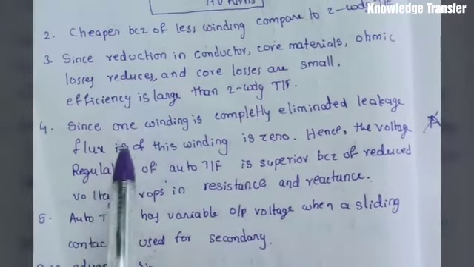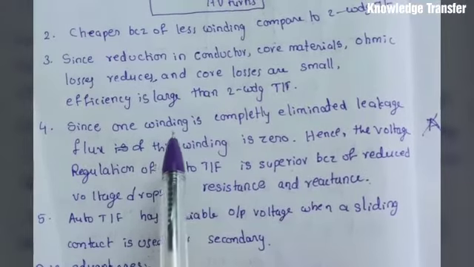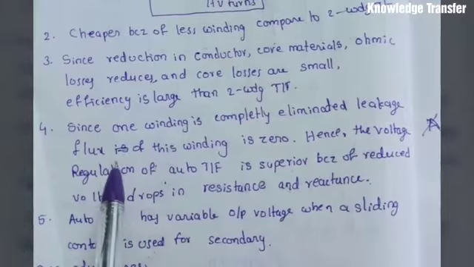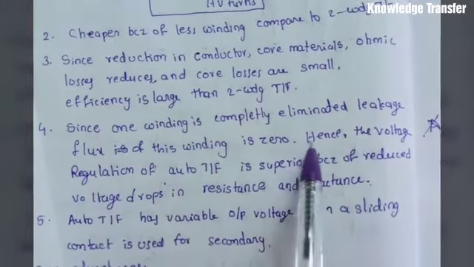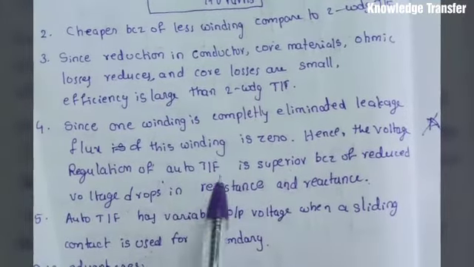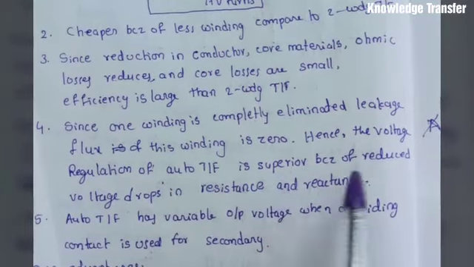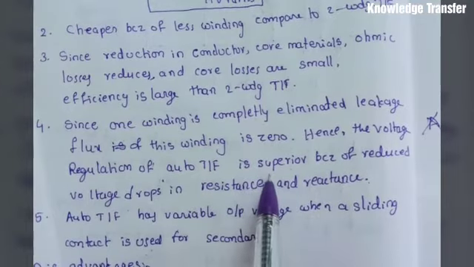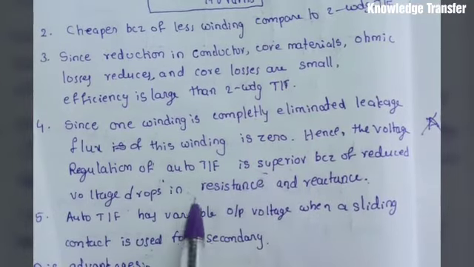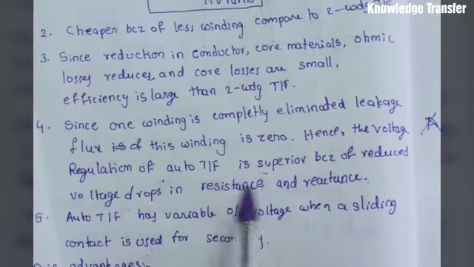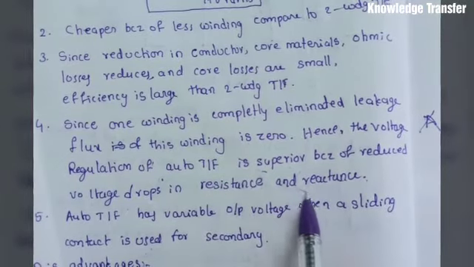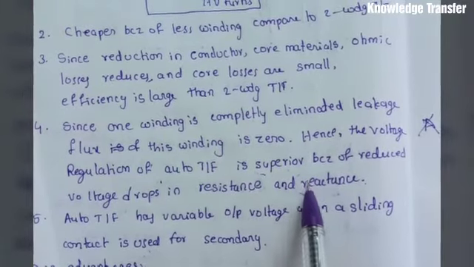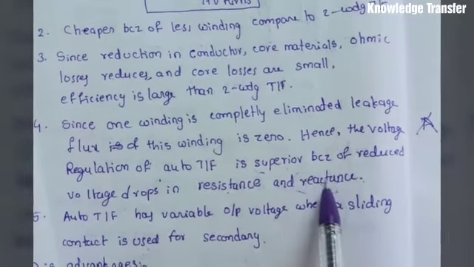What this means is, as one winding is completely eliminated, the resistance is reduced, and because of elimination of one winding, the leakage flux of that winding is 0. Hence the resistance and reactances are reduced.